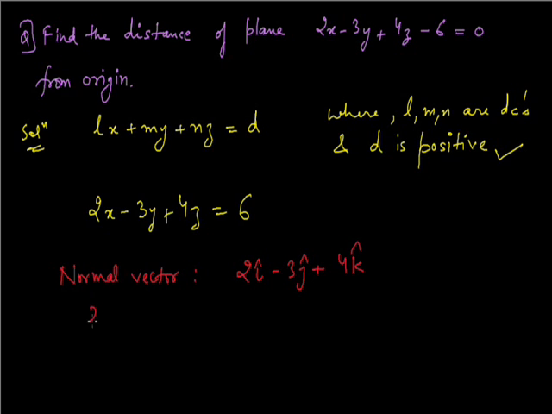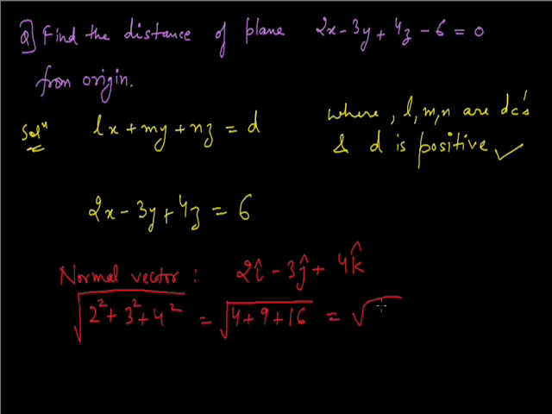So its modulus will be the square root of 2 square plus 3 square plus 4 square. So it is going to be the square root of 4 plus 9 plus 16, that is the square root of 29. So let's divide the vector by this modulus.